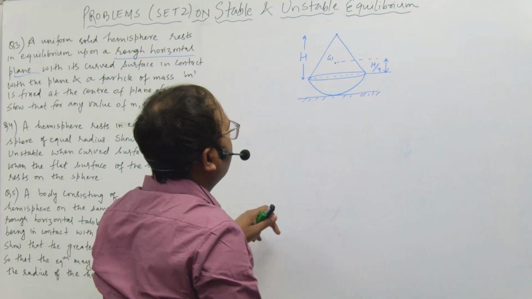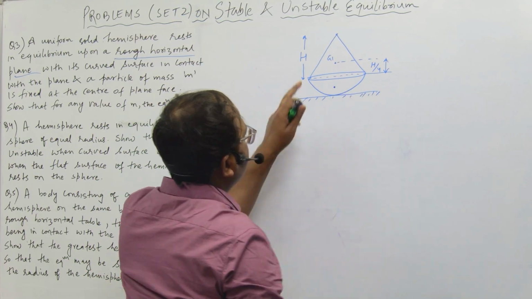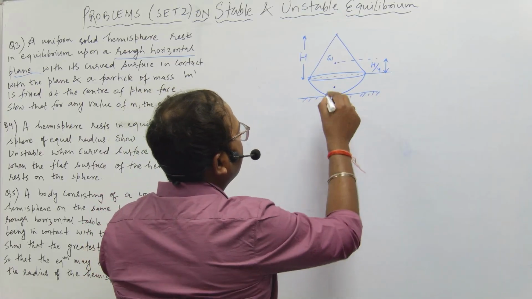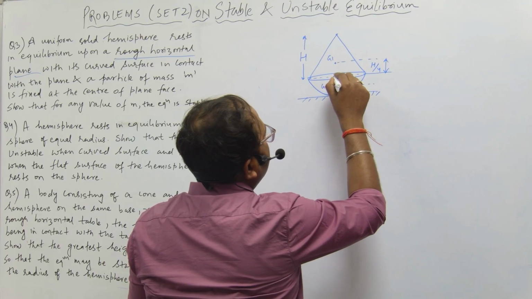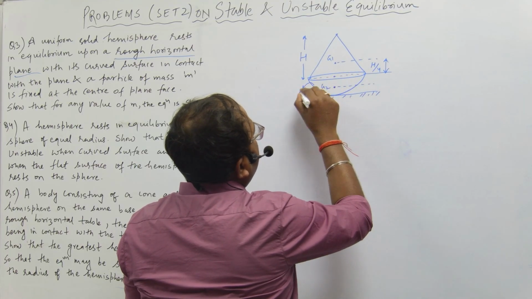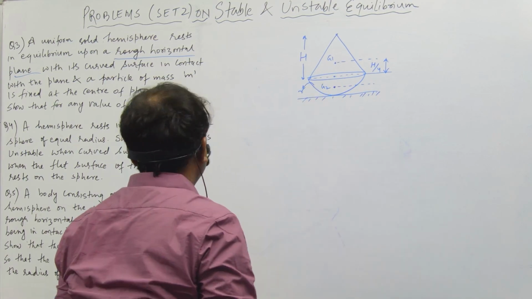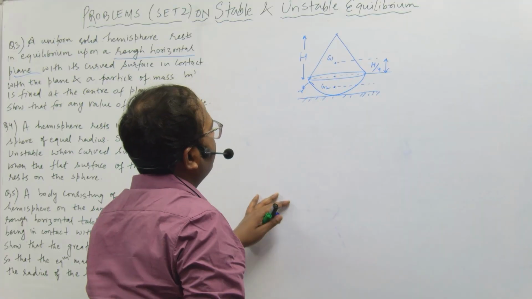Okay, and the center of gravity of this inverted hemisphere will be at this particular point G2. Let us take the radius of the hemisphere as a small r.